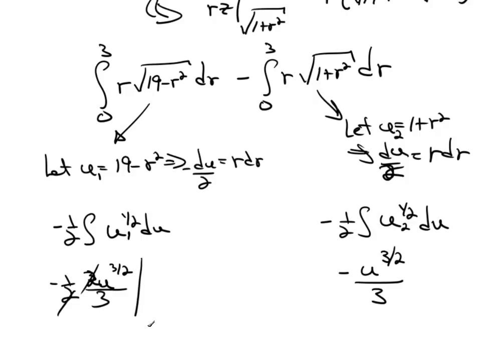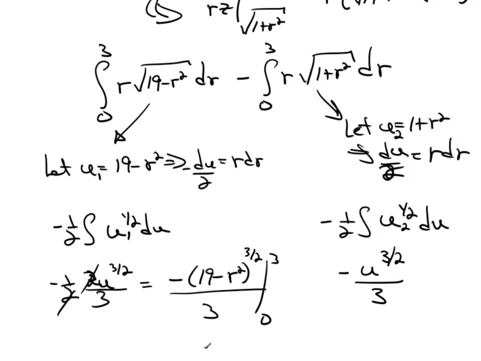I can't evaluate it yet. I need to substitute in the u. So this is a negative 19 minus r squared to the 3/2 over 3 evaluated from 0 to 3.